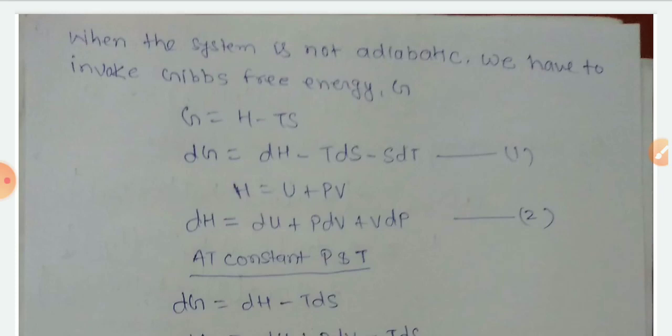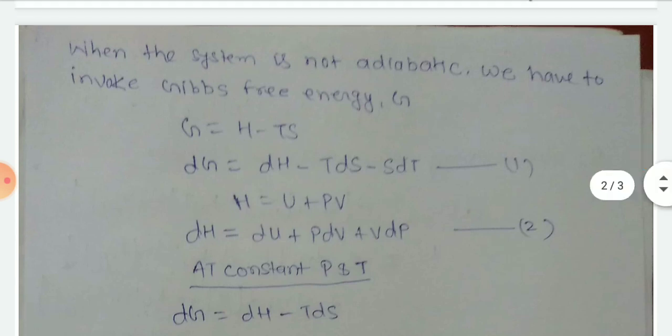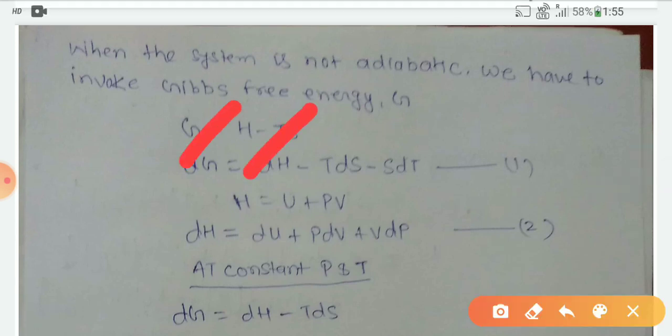So G is equal to H minus TS, where H is the enthalpy, which frequently comes up in thermodynamics, T is the temperature and S is the entropy. Here I am going to differentiate the Gibbs free energy. So you can write dG equal to dH minus T dS minus S dT.